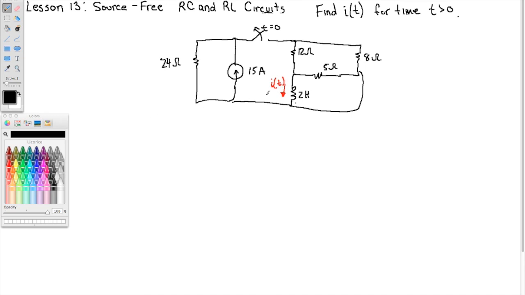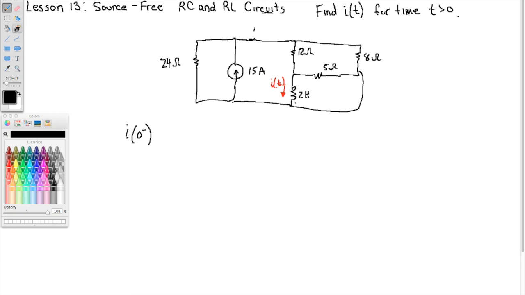So when the switch is closed, right before it's opened, so I'll just write this as closed, we're going to find the current right before the switch.